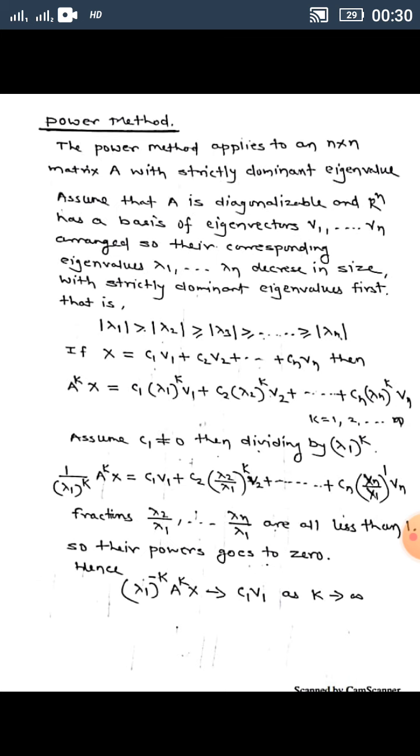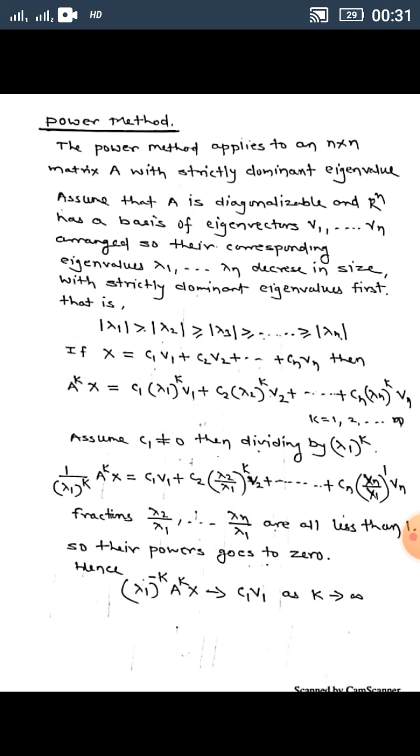If x is a linear combination C1 V1 plus C2 V2 plus so on plus Cn Vn, then we can multiply A raised to k x as C1 A raised to k V1 plus C2 A raised to k V2 plus so on Cn A raised to k Vn.